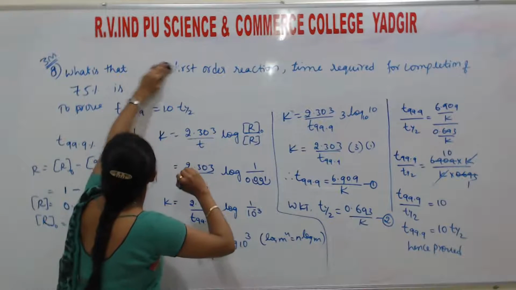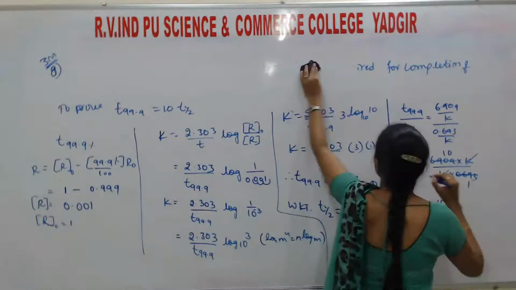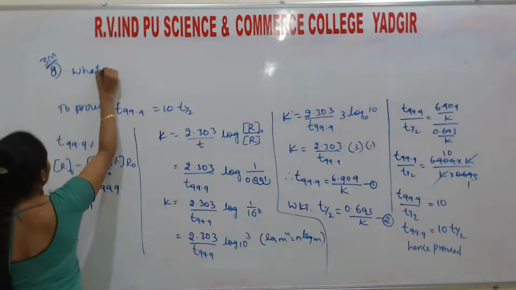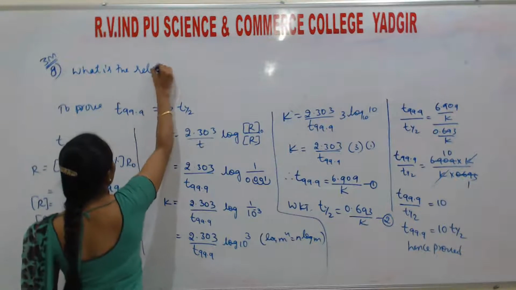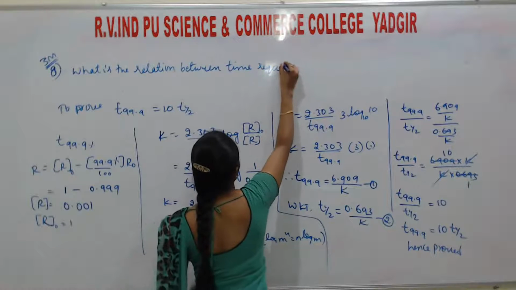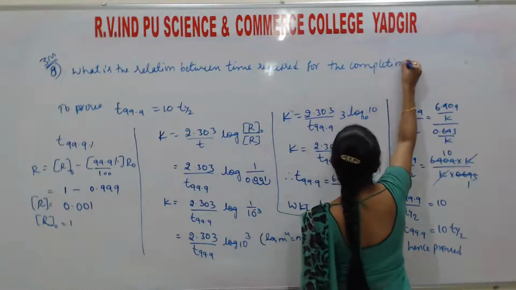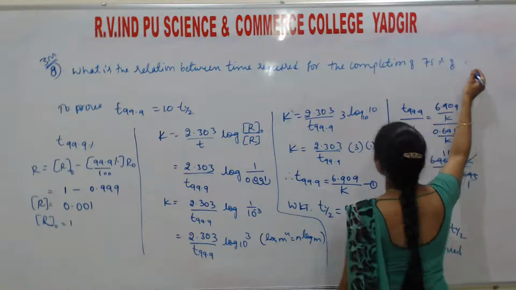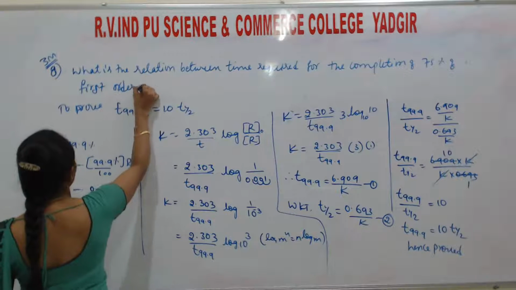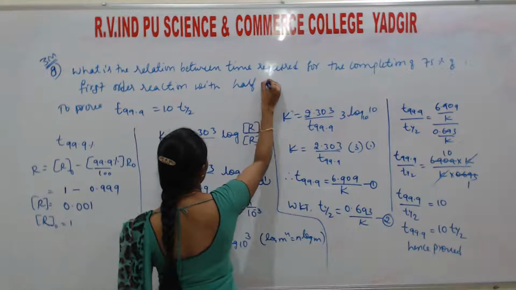Okay, I'll write it completely. What is the relation between time required for the completion of 75% of a first order reaction with half-life of a reaction?